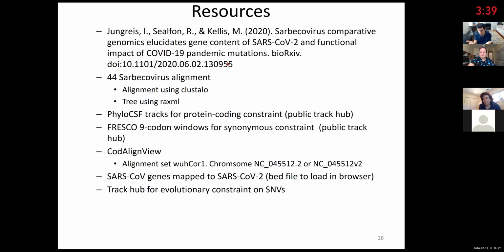So as you know, this swapping of the leader in all of the reverse transcription of the subgenomic RNAs is likely to have a lot of RNA structure there. And we're also finding a lot of synonymously constrained regions within those protein genes that actually might be binding sites for different RNA binding proteins. So there's a lot of potential interest there.